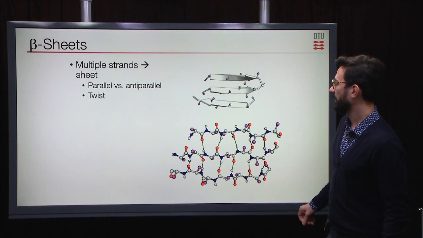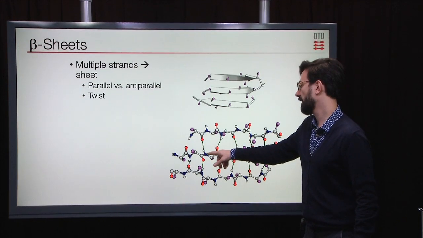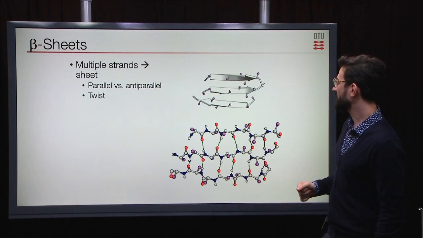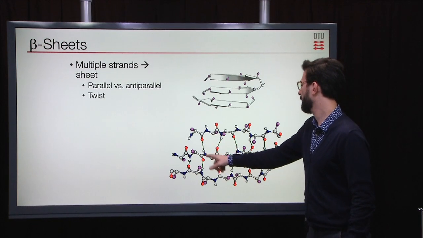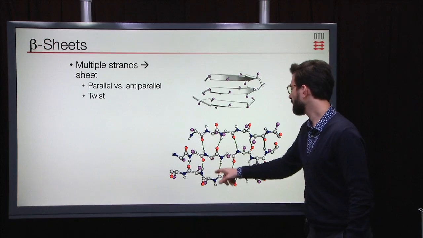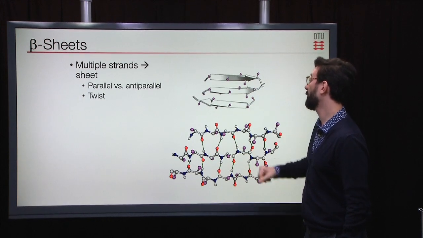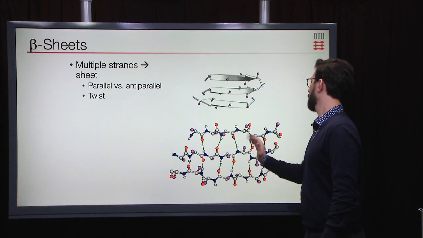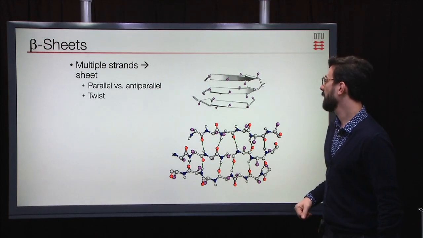As you can see, the hydrogen bond pattern is between, again, nitrogen and oxygen of residues that are far away in the sequence, and the hydrogen bond pattern of the antiparallel here is tighter and more parallel, whereas the hydrogen bond pattern of the parallel strands is not so symmetric. So the hydrogen bonds are not so straight.